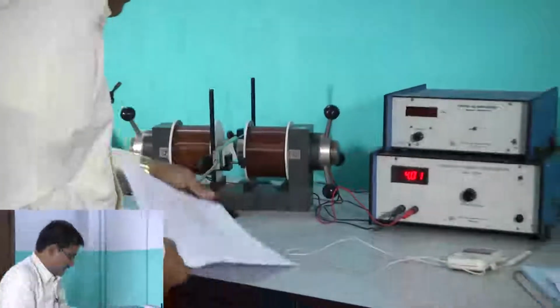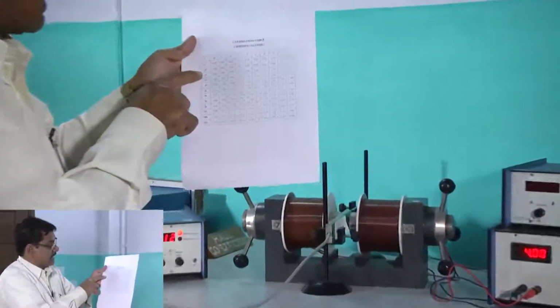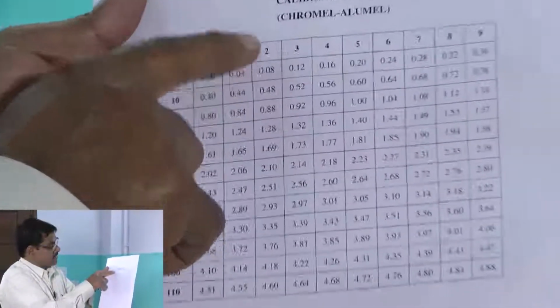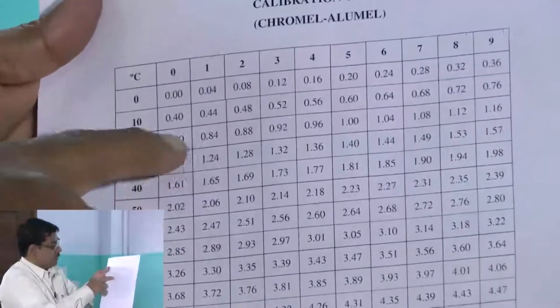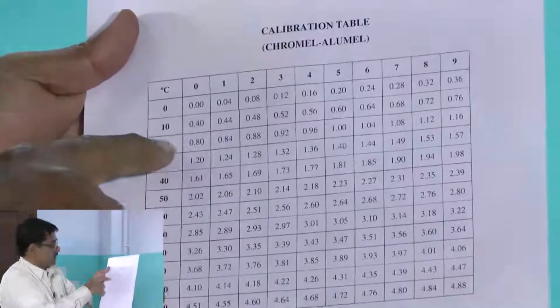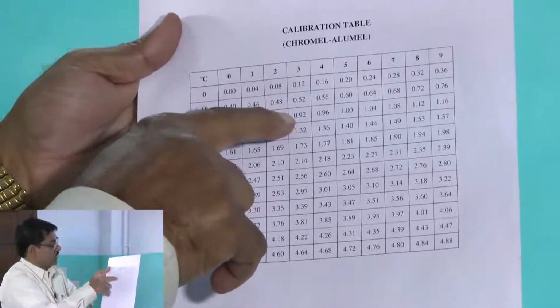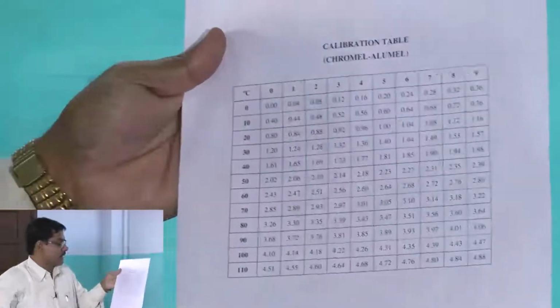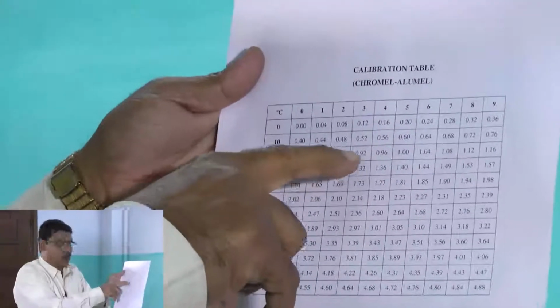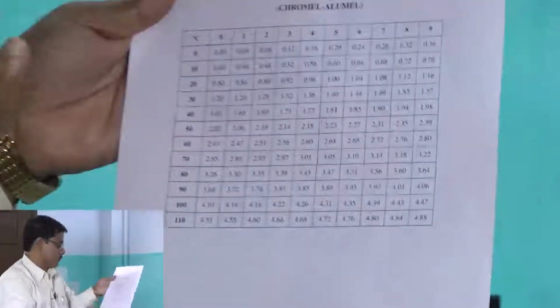For 23 degrees centigrade, it should be 0.92. So, the thermo EMF should be 0.92.